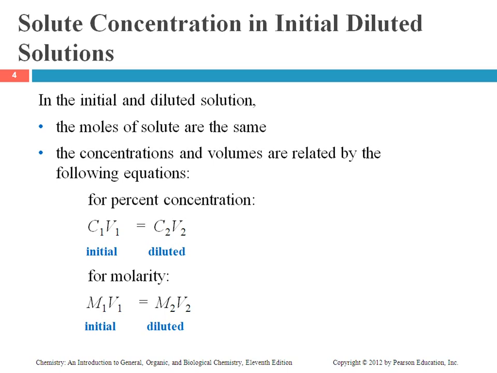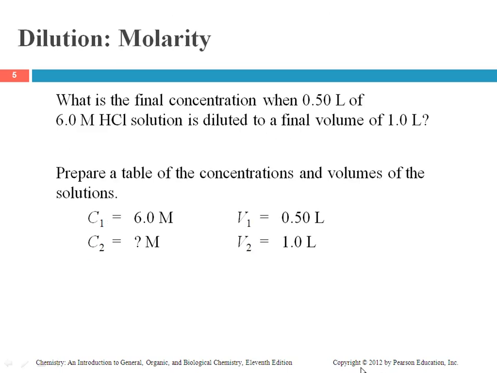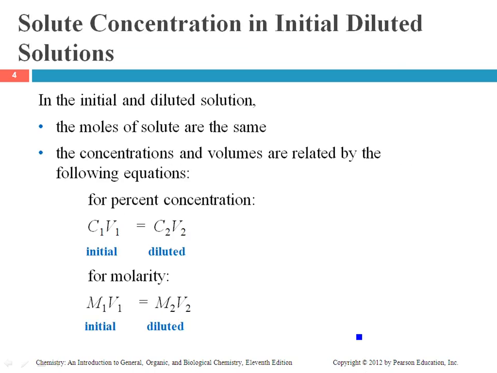These are the values we discussed in the last section: mass, volume, mass-volume, or molarity. One that's very common is M1V1 equals M2V2, where the uppercase M is the molarity.